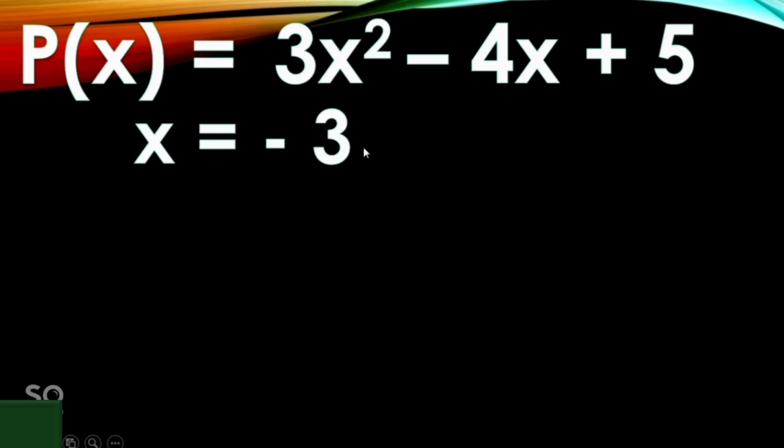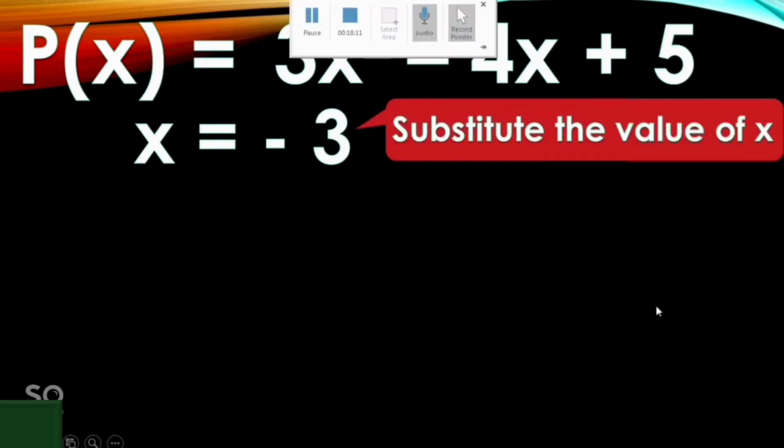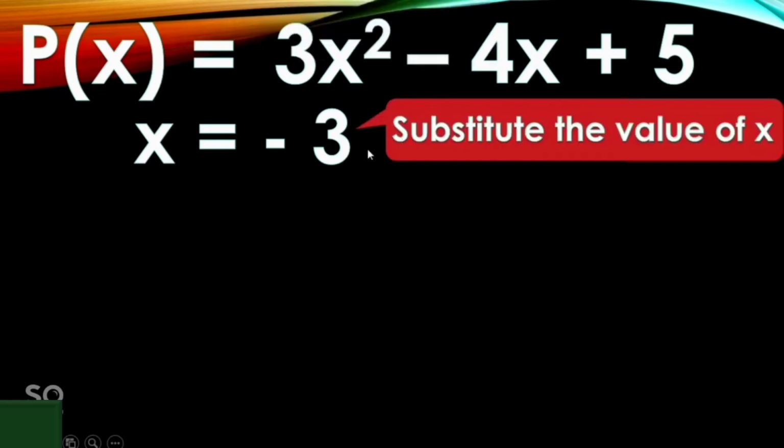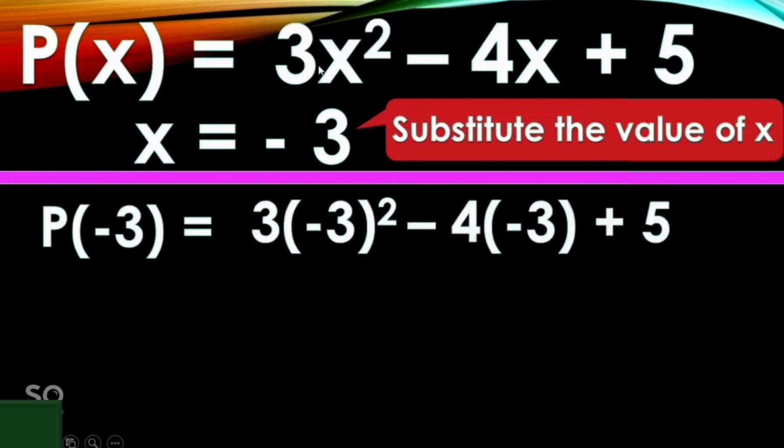So, yun yung x minus r natin. Then, substitute natin yung value ng x na negative 3 doon sa x, or i-replace natin lahat ng x ng negative 3. So, now we have P of negative 3 equals 3 times negative 3 square minus 4 times negative 3 plus 5.